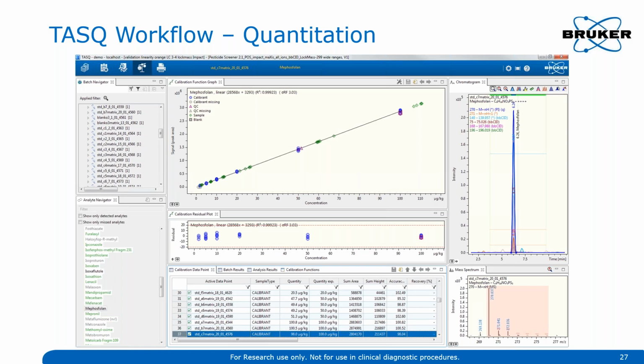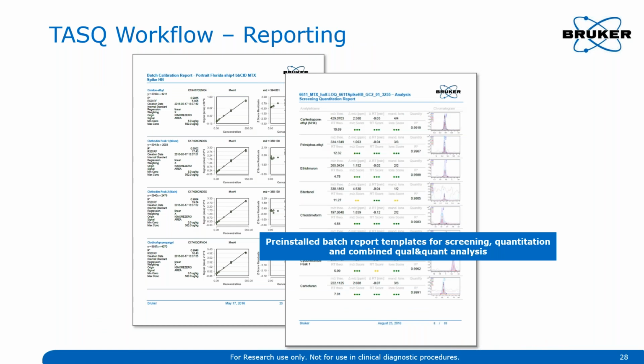According to the SANTE regulation, it must be less than plus or minus 20%. And here we can easily see where it stands for each calibration point. Typically, TargetScreener provides 4 orders of magnitude for linear calibration range. However, it may vary from 3 to 5 orders of magnitude depending on the analyte and the matrix.